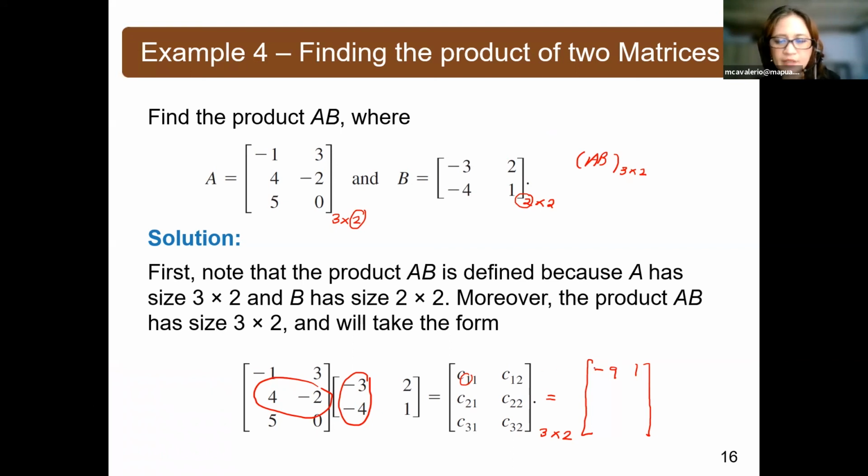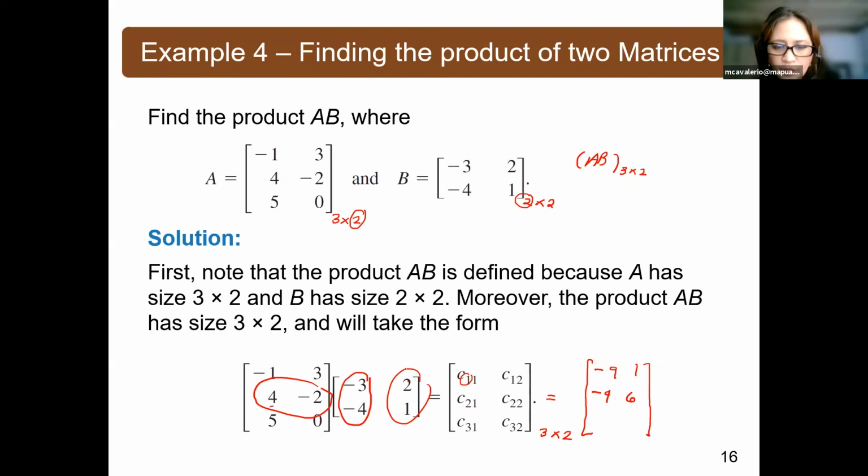Negative 12 plus 8, that will be negative 4. And then to find C22, multiply the second row of matrix A with every entry in the second column of matrix B. So we have 4 times 2 is 8. 8 minus 2, that would be 6.